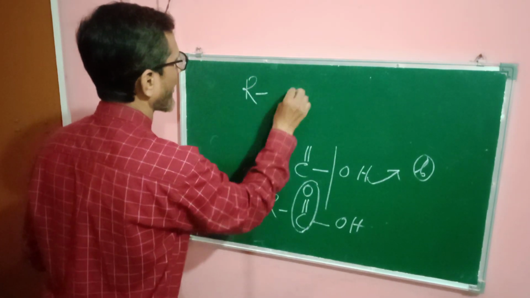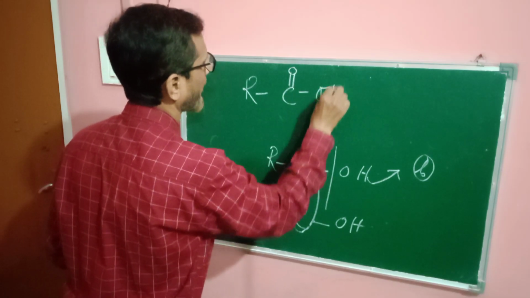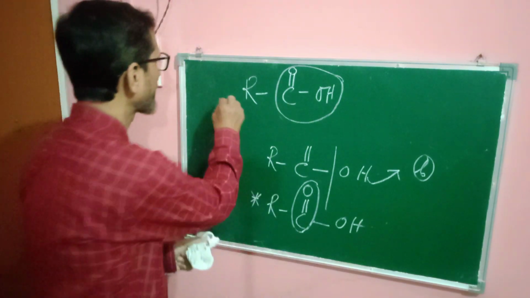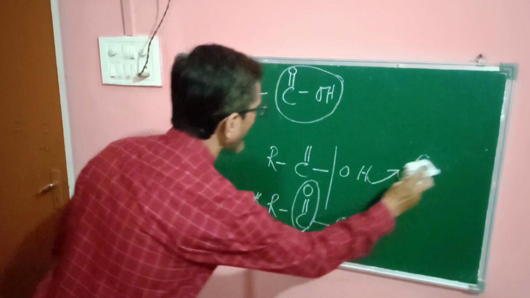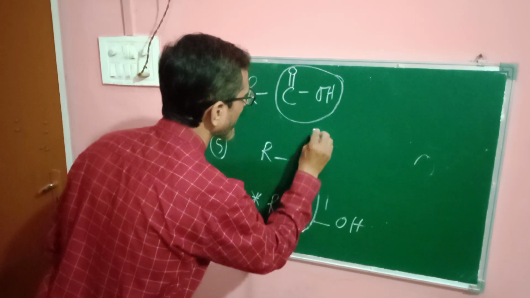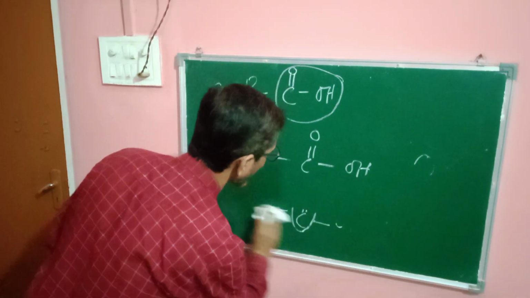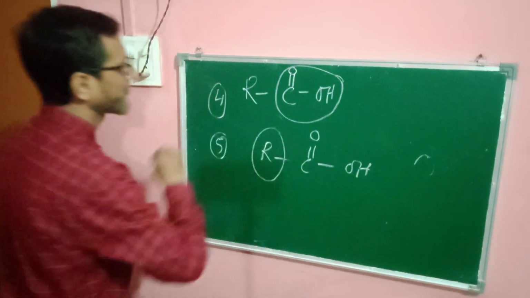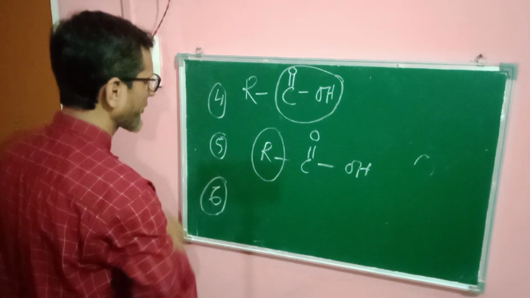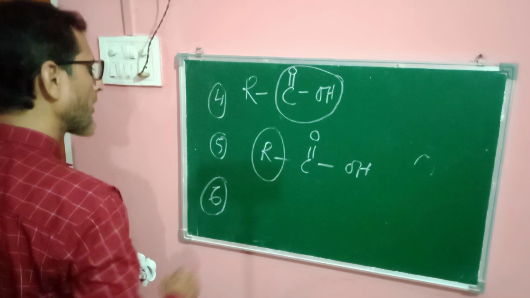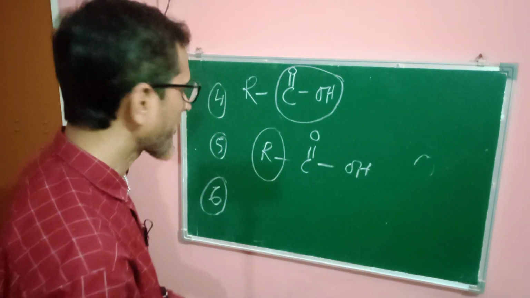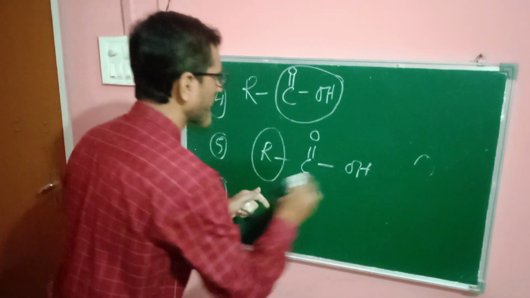Next, involving the COOH group, it is the 4th type of reaction. 5th type of reaction is the reaction involving this part, the alkyl part. 6th type of reaction is, if it is aryl, then there is ring substitution type of reaction. Basically in carboxylic acids, these are the reactions.